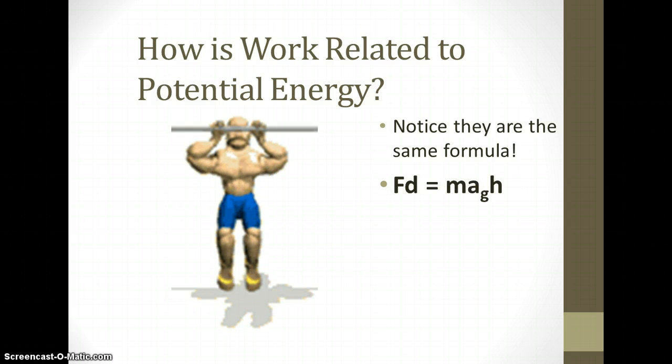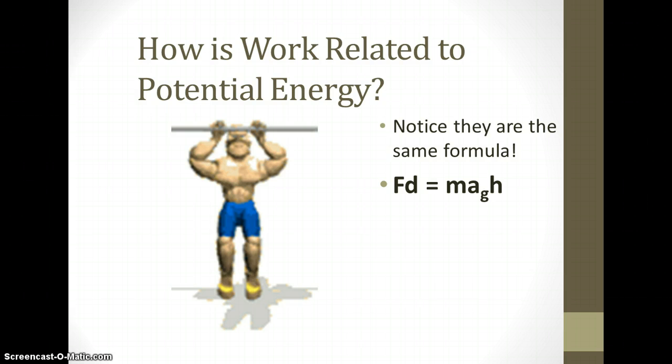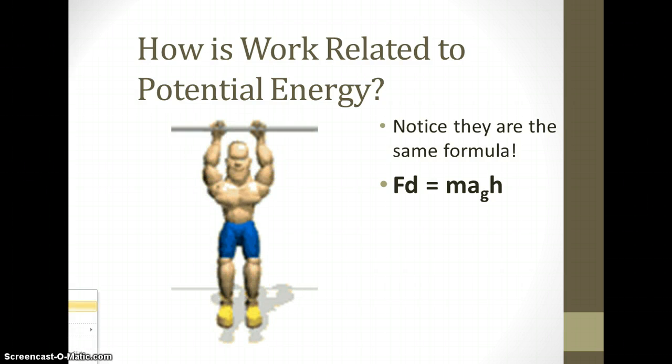We know that this part of the equation off to the right is our potential energy, which is this man's mass times the acceleration due to gravity times his height. On this side of the equation, we see the equation for work, force times distance. In order to pull himself upwards, he has to overcome his weight.